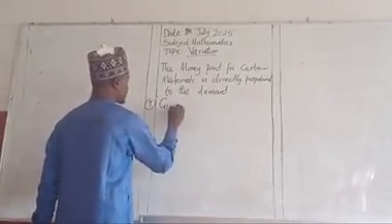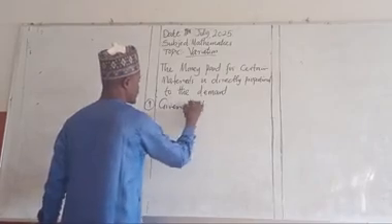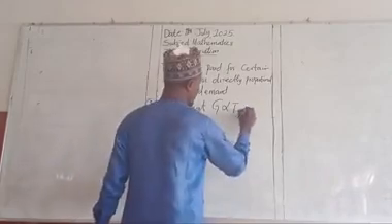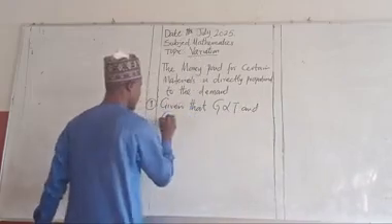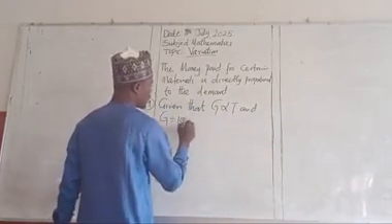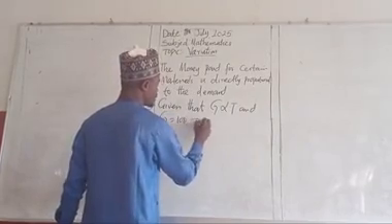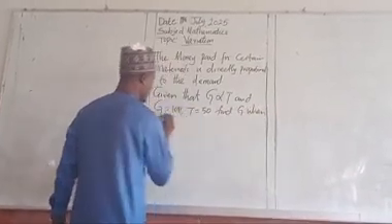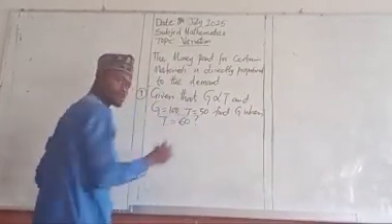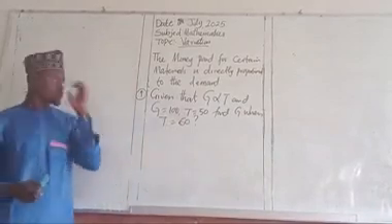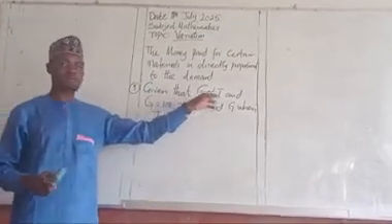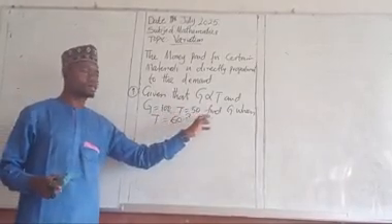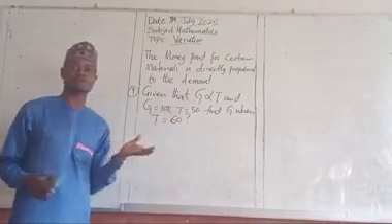Given that G is directly proportional to T and G is equal to 100, T is equal to 50, find G when T is equal to 60. It's very simple, right?